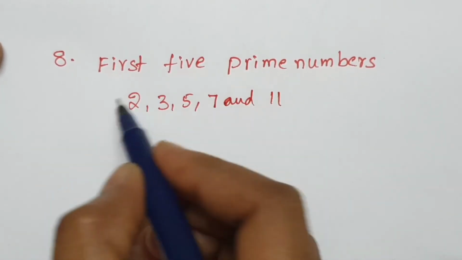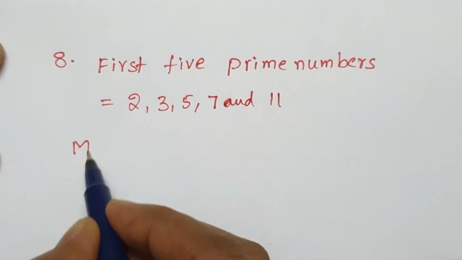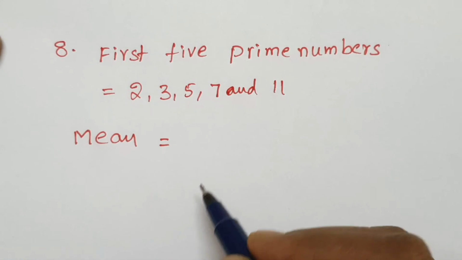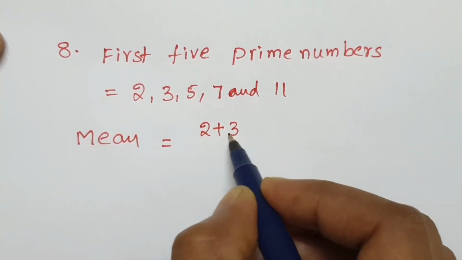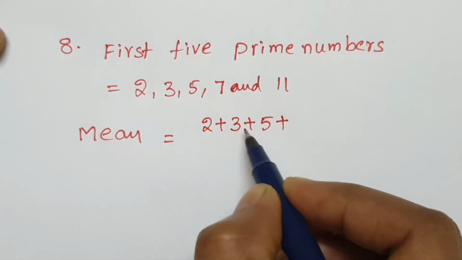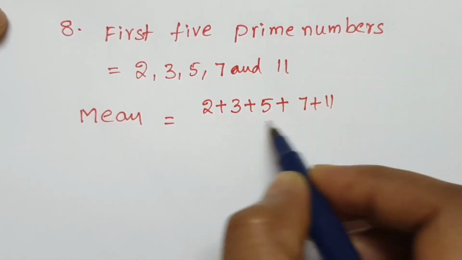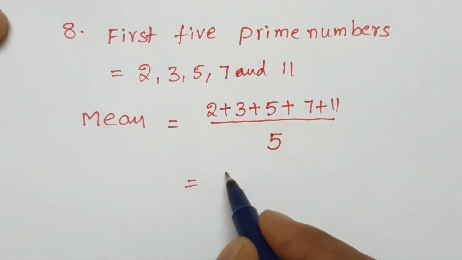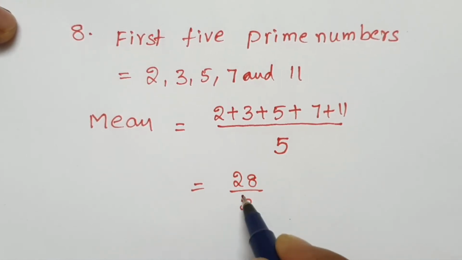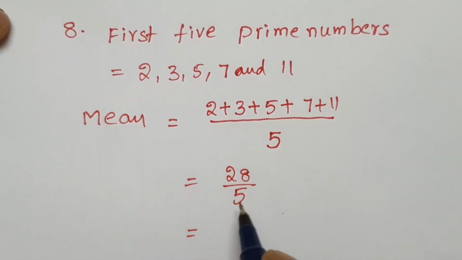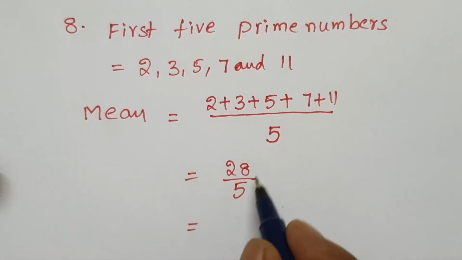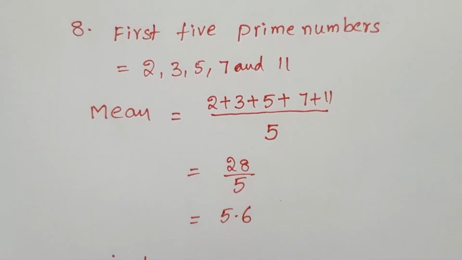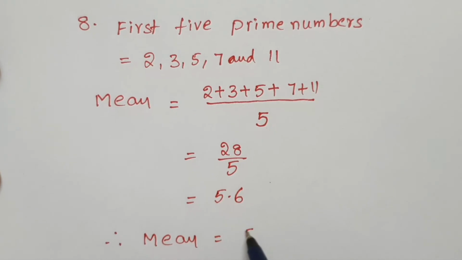For that, mean equals sum of all observations by number of observations. 2 plus 3 plus 5 plus 7 plus 11 by how many? 5. Total, add, we get 28 by 5. Here, 5 fives are 25, 3 left, 5 sixes are 30, means 5.6. Therefore mean equals 5.6.